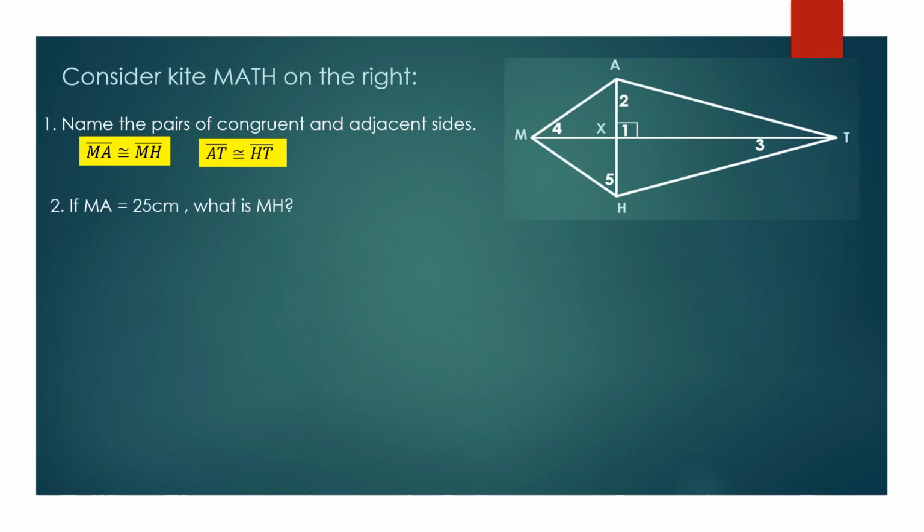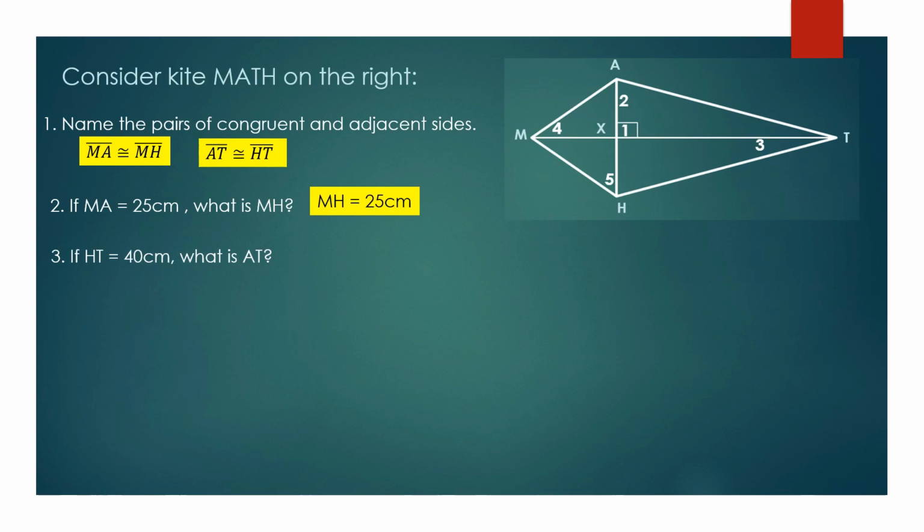Number 2. If MA is equal to 25 centimeters, what is MH? The answer is MH equals 25 centimeters because segment MA is congruent to segment MH.